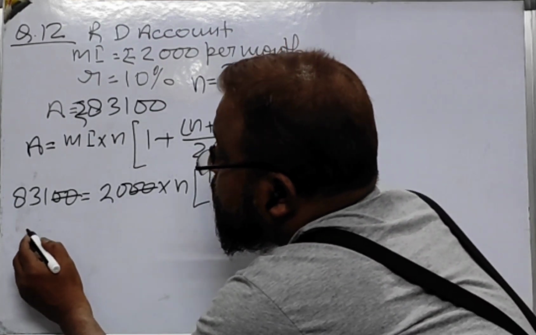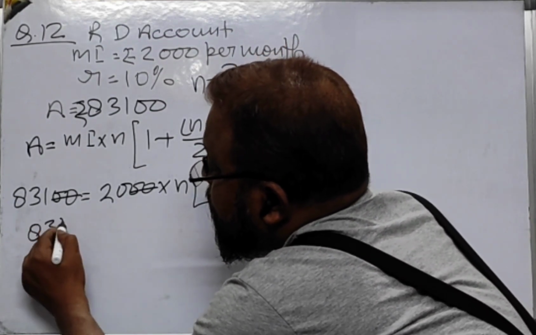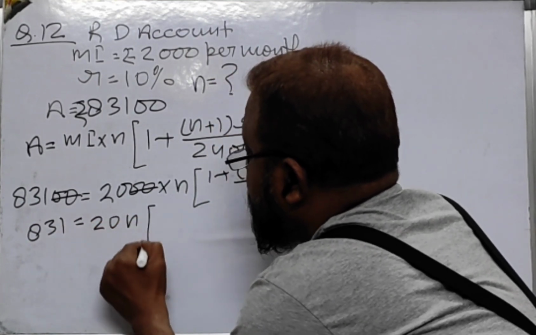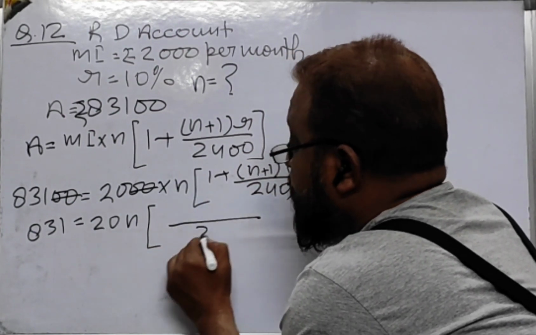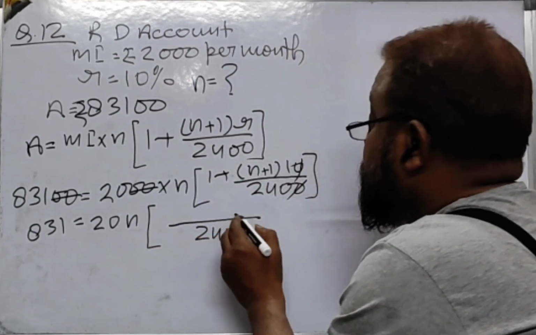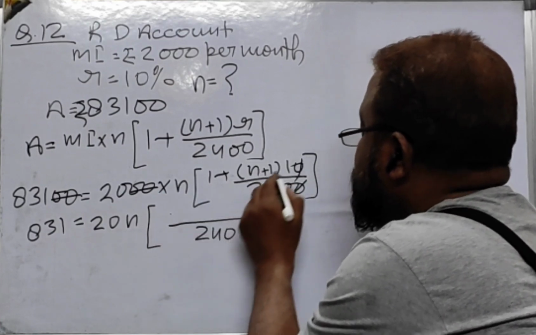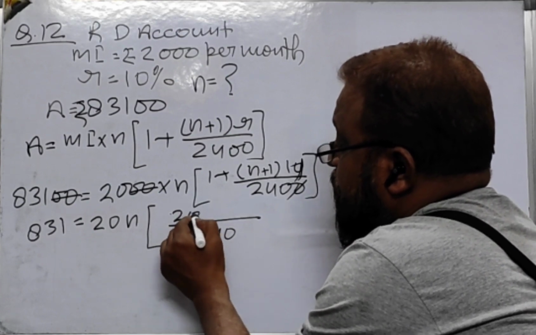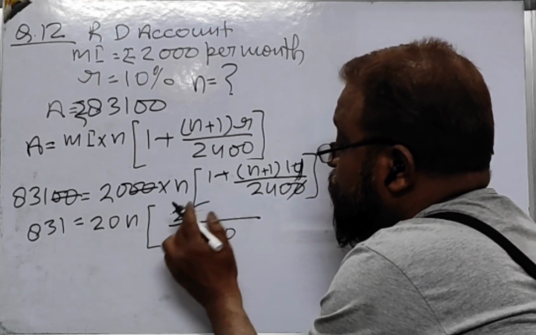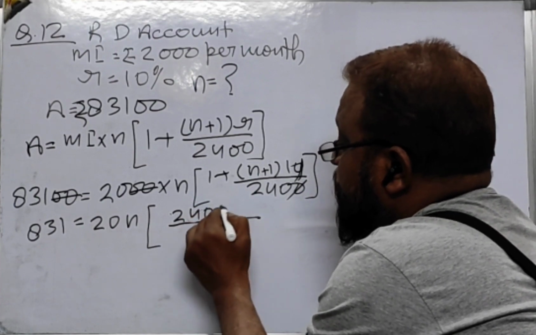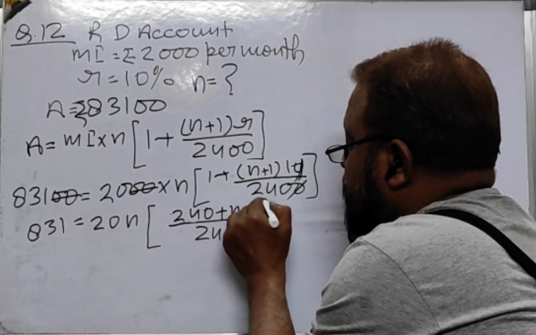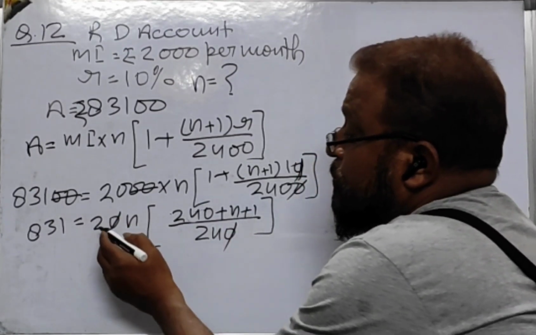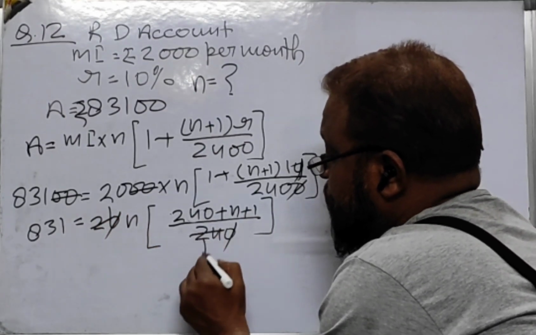So this is 831 equal to 20n bracket. We have taken 240 as the LCM, so it becomes 200. This 10 is gone, so it becomes 200. Sorry, it's 240, 240 plus n plus 1. Again the zero cancels out, 2 1s are 2, this is 12.